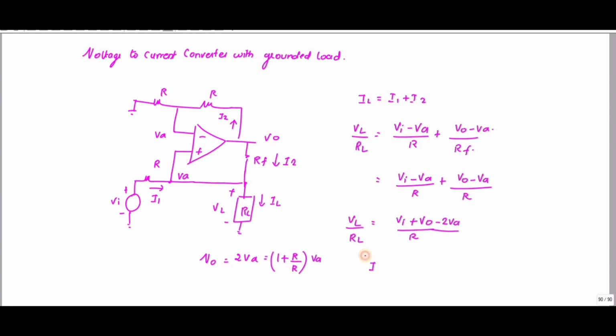So now I can write IL. We know that V0 is equal to 2 VA, so I will get VI by R, that is nothing but GM into VA.